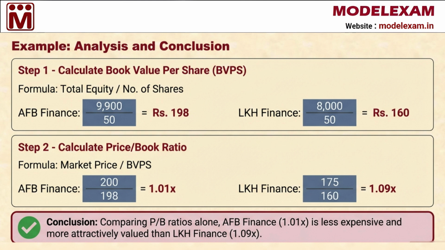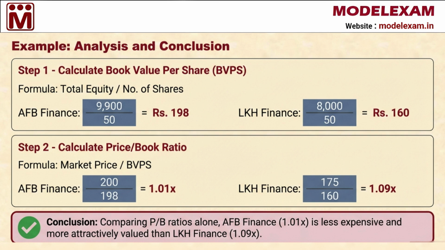Step 1 is to calculate the book value per share. For AFB Finance, we take 9,900 and divide it by 50, which equals 198 rupees. For LKH Finance, we take 8,000 divided by 50, which equals 160 rupees. Step 2 is calculating the ratio.